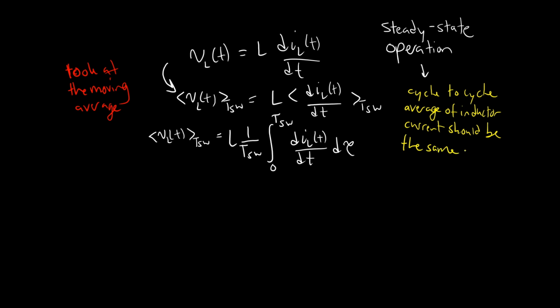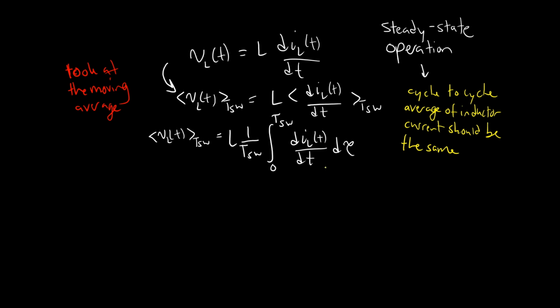The inductor current is starting and ending each switching cycle at the same value, and point-wise, it's the same cycle to cycle. The average is the same cycle to cycle. Saying that in a different way, the average change in the inductor current over one switching cycle should be 0. If the average doesn't increase or decrease after a switching cycle, then the average change in inductor current should be 0 over one switching cycle.